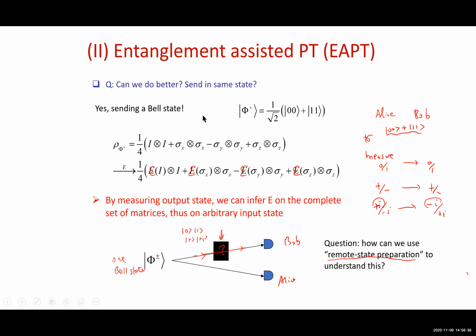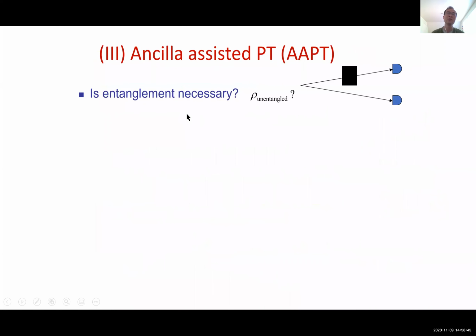So this is using entanglement because we see that these are the Bell states. But you could actually ask the question, is entanglement really necessary? Can I send some unentangled state? We have seen examples of unentangled states, right? So I could just mix the Bell state. I think this was in your homework. We could send something like that, right?